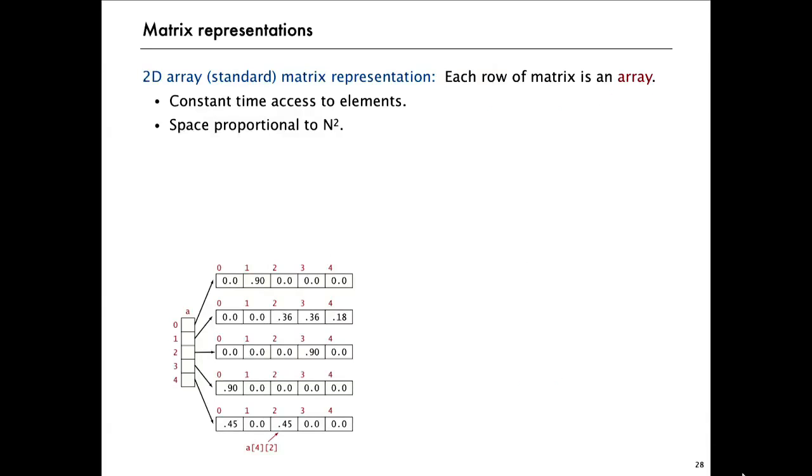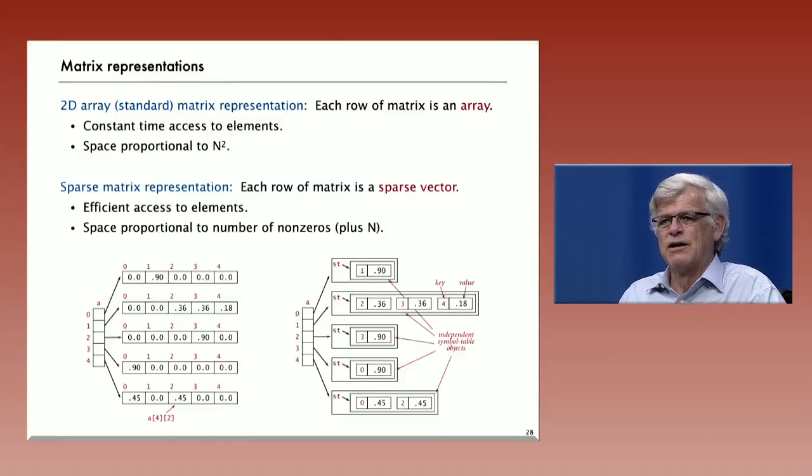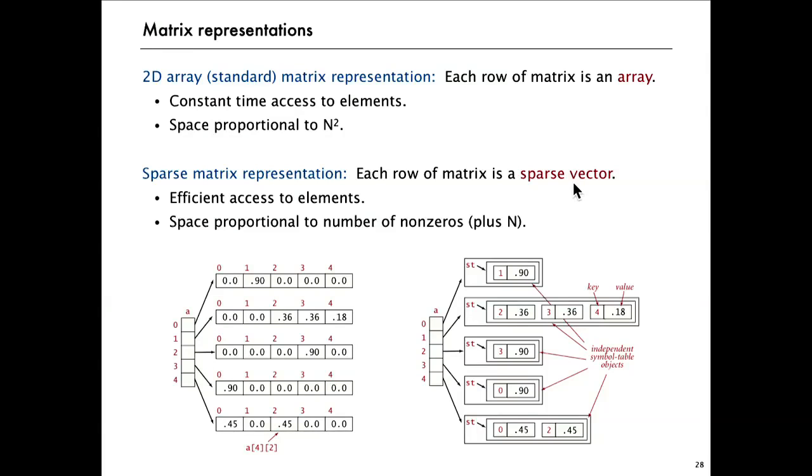So instead of using the standard matrix representation, where every row of a matrix is an array, that's what a two-dimensional array is, and the space is proportional to n squared, now we're going to use a sparse matrix representation where each row of the matrix is a sparse vector.